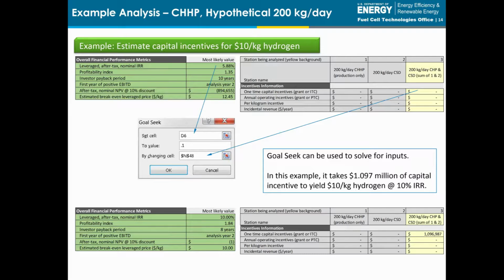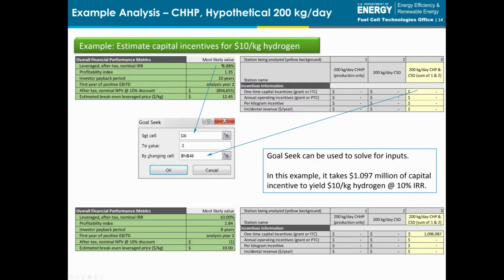One very important aspect of the model is that it does not use macros. So any calculation that it does is done live, and what that lets you do is use built-in functions of Excel, such as goal seek.